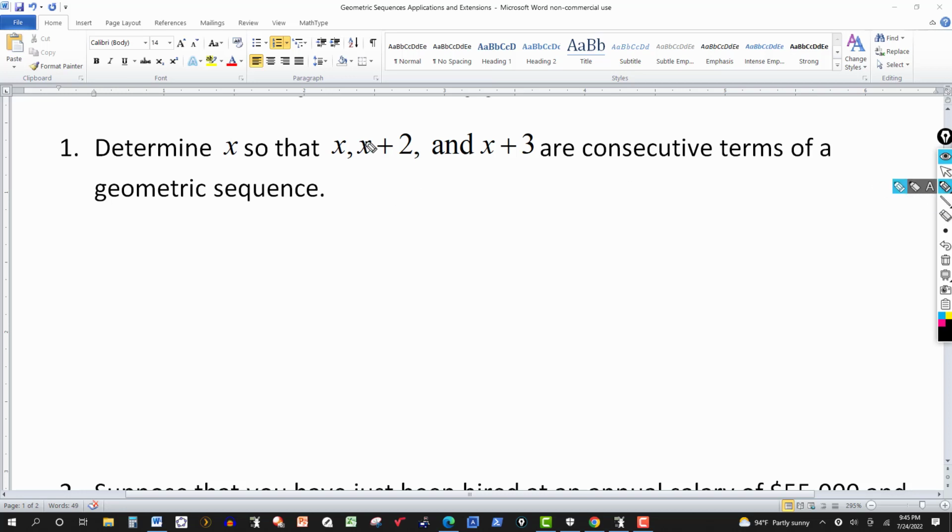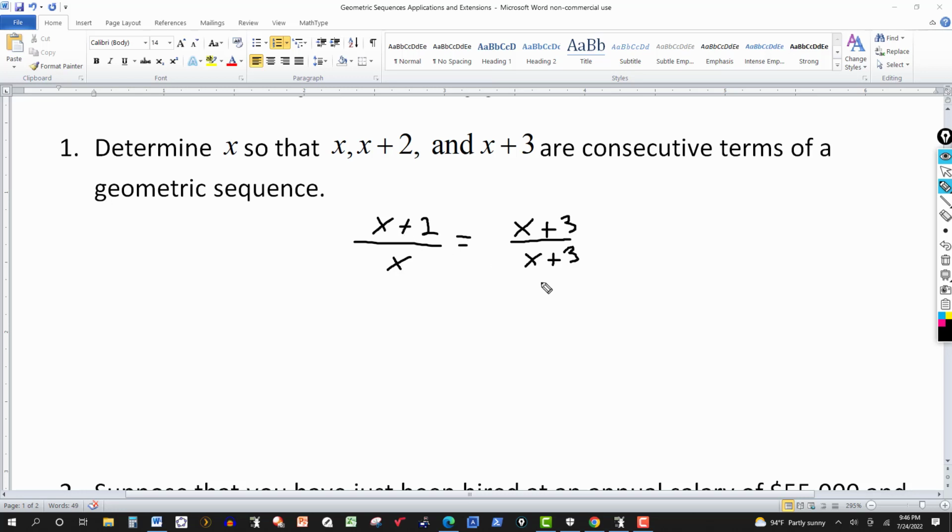We know that if we take the ratio of any two consecutive terms, so in this case, say x plus 2 over x, and say x plus 3 over x plus 2, that ratio will be the same. It will be constant as long as you take two consecutive terms.